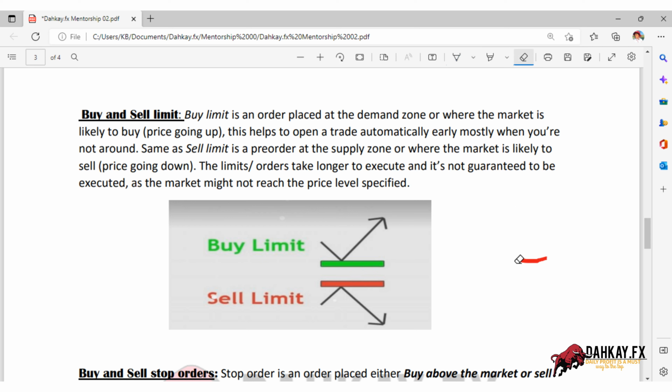So sell limit is the opposite of buy limit.